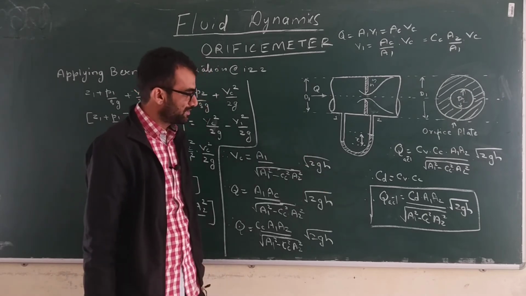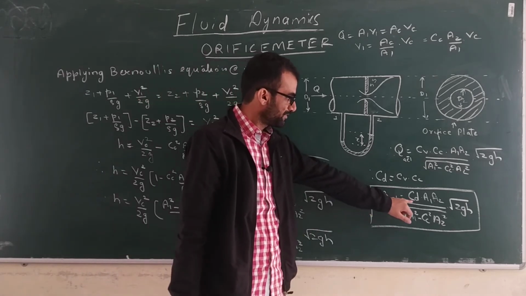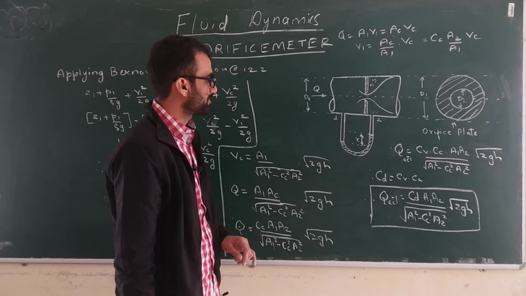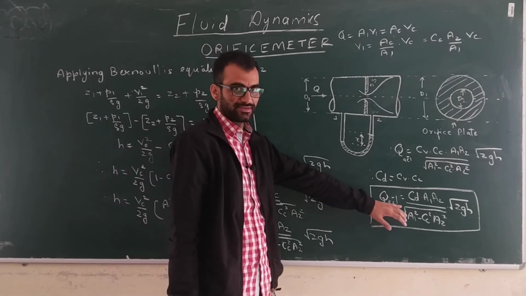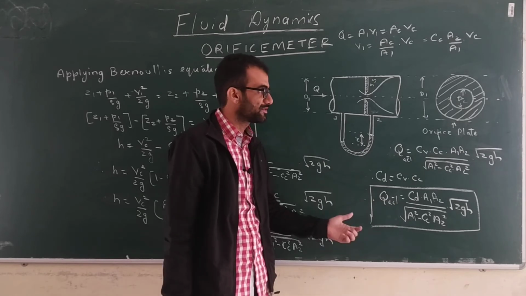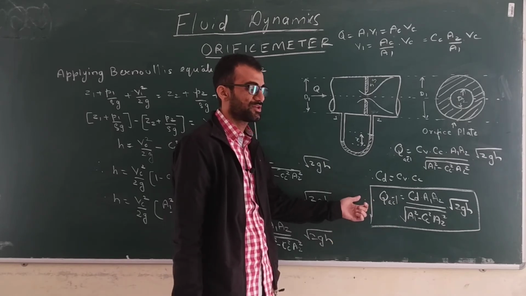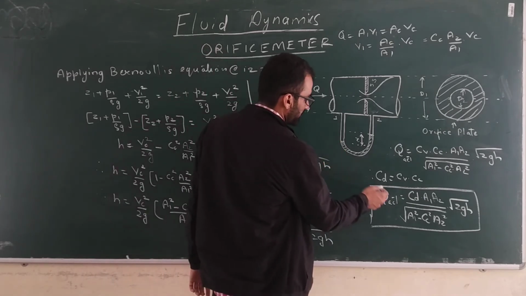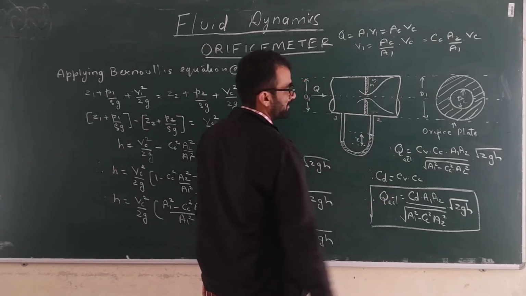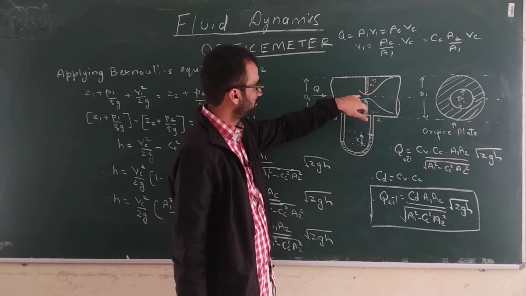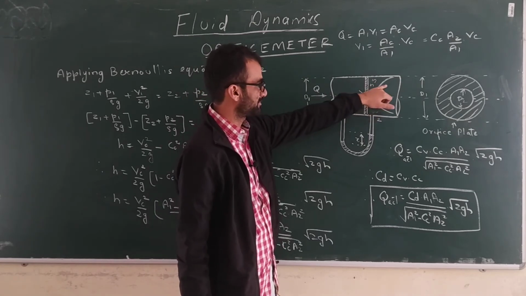Okay. Now see, in case of an orifice meter, the range of coefficient of discharge is less. In case of Venturi meter, the coefficient of discharge is almost about 0.95 to 0.99, so losses are very less. But for orifice meter, the losses are very high because of the pressure drop due to viscous dissipation, and pressure drop due to sudden expansion also.